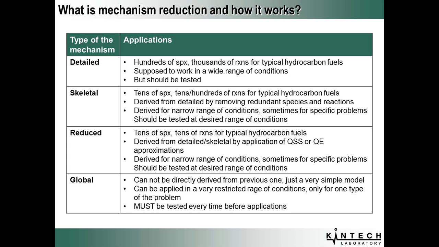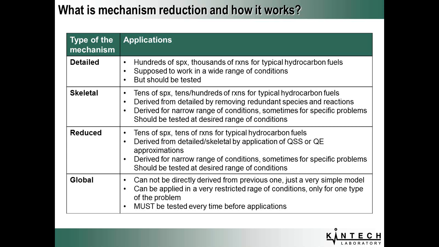So if you move to another type of problem, like from ignition to laminar flames or vice versa, and try to implement a global mechanism, then with a very high probability you will fail. And of course, these mechanisms must be tested every time before the application.